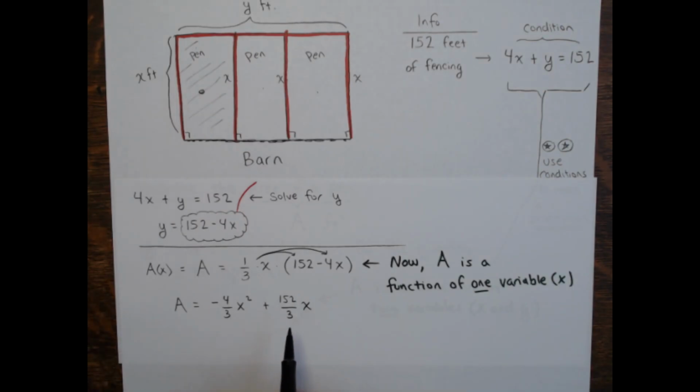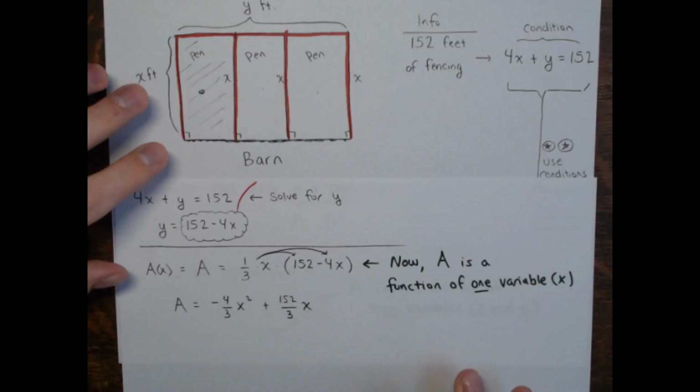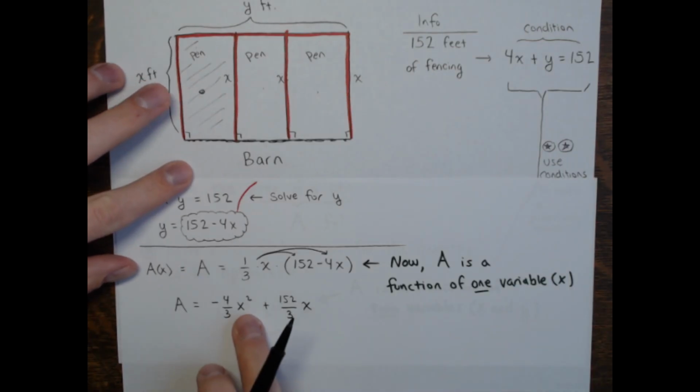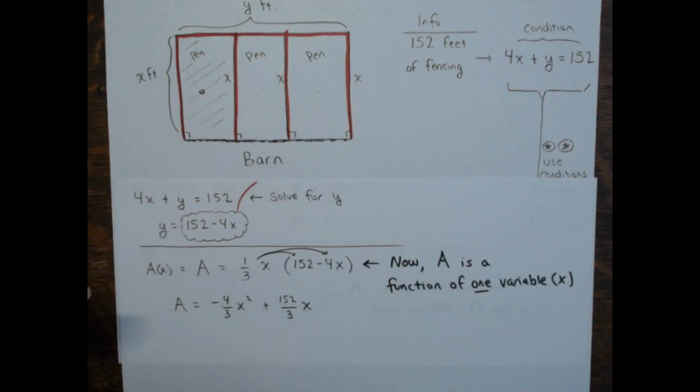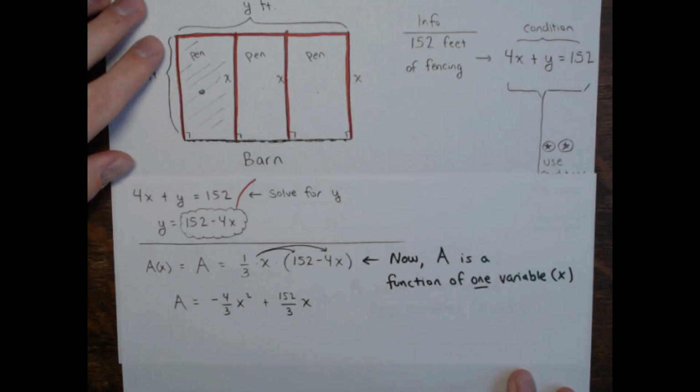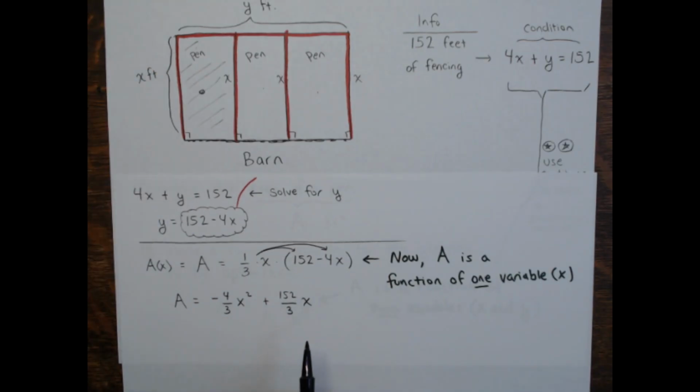So this is a quadratic function, and we're trying to find the maximum value of our quadratic function, given certain restrictions. Now you should be able to figure out the maximum value of a quadratic without use of calculus.